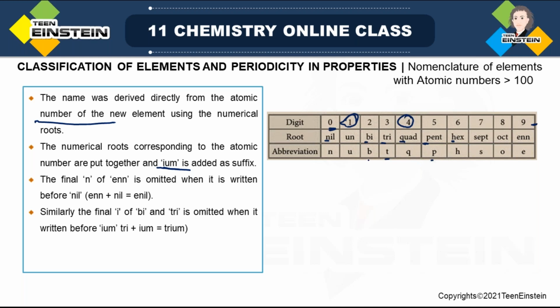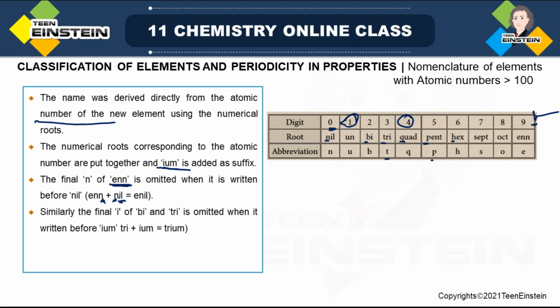Now, it may happen that the final letter is, for example, enn, which is for the number 9. And after 9, suppose there is 0, so you have to use nil for that. Now enn is ending with n, and then you are writing nil, which starts with another n.